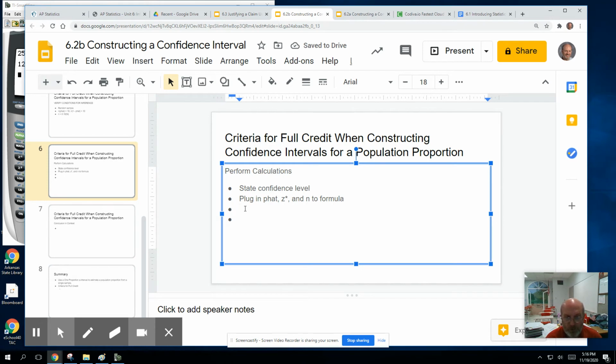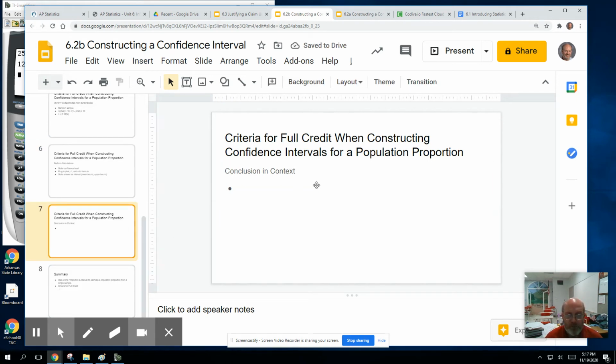And we're going to state our answer as an interval, lower bound and the upper bound. Those are what we have to do to perform the calculations.